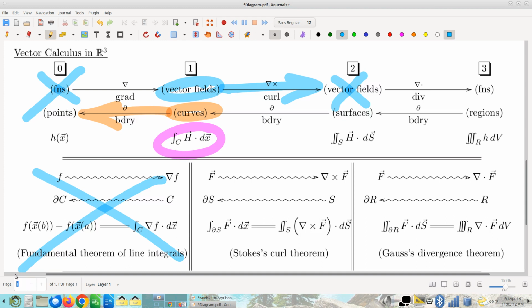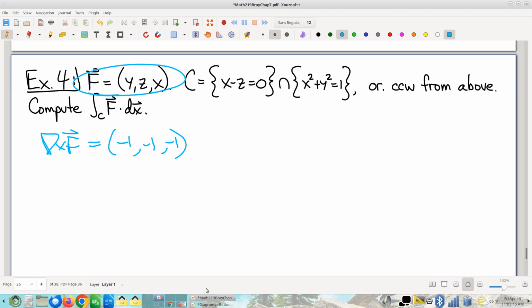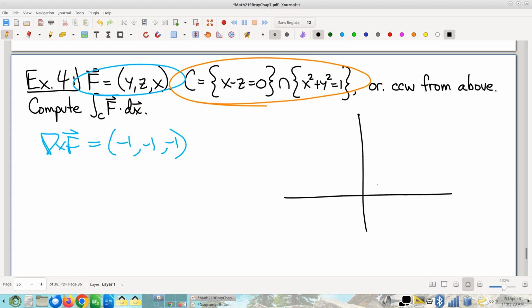Right? Let's look at the curve. Okay. Well, oh gosh. Again, I have a cylinder intersecting a plane. Something very lucky is going to happen here, though. My cylinder.